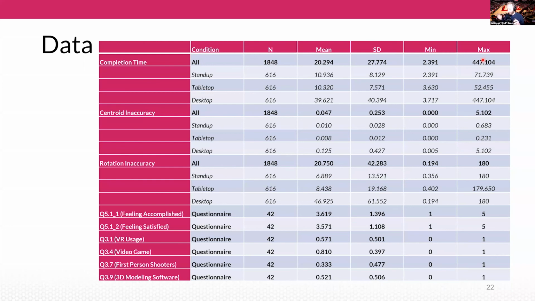We know there is a full trade-off for the stand-up condition, where the longer you work on the task, the more precise you get. This trade-off does not exist for desktop. So maybe that's another design implication: encourage people to not spend too much time on an individual registration, because they will not get any more accurate. That might be another important implication.